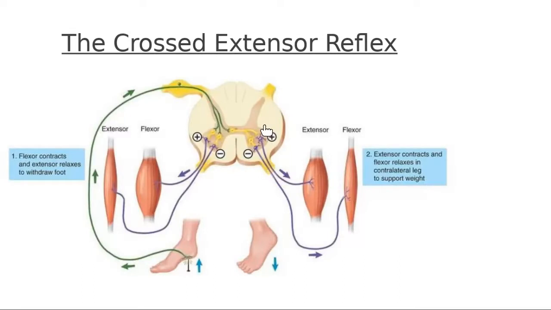When we're talking about the crossed extensor reflex, again, we would probably say that pain is what triggers this one as well. If pain is not an option, then we would say pressure. But in general, we're going to say pain for the crossed extensor reflex, as well as the flexor withdrawal reflex.